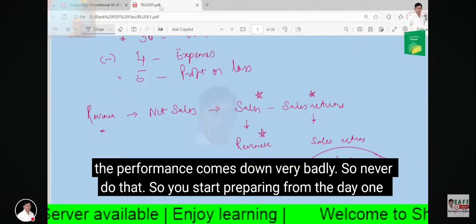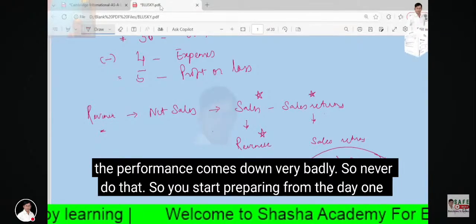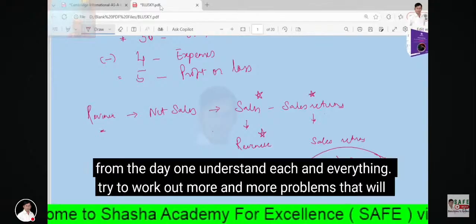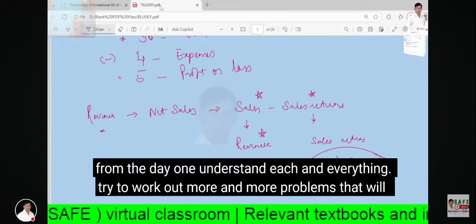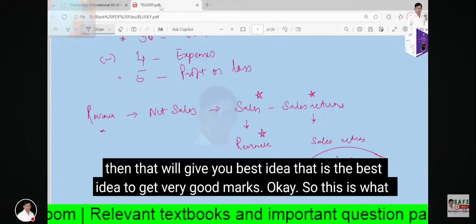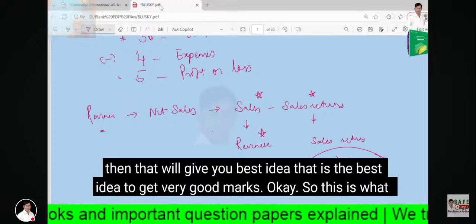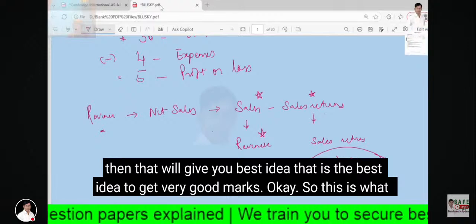So never do that. Start preparing from day one, understand everything, and work out more and more problems. That is the best way to get very good.